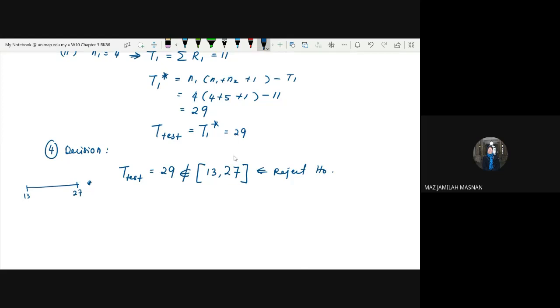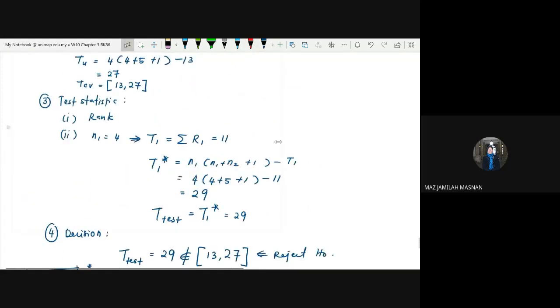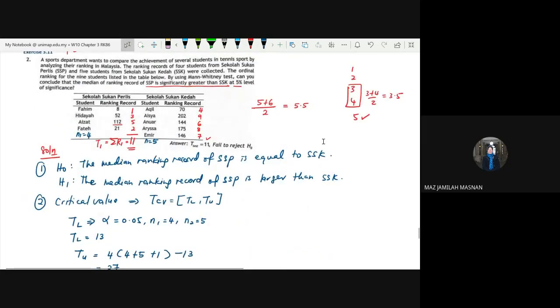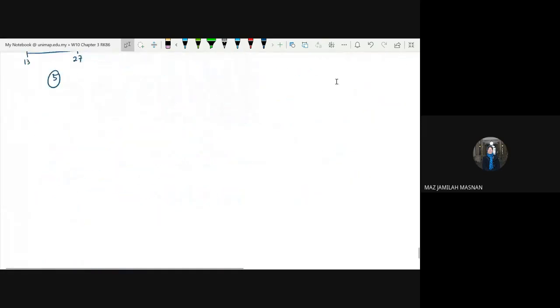Okay, so finally your conclusion. Since your claim is in the alternative, and yet you reject the null hypothesis, we have sufficient evidence.